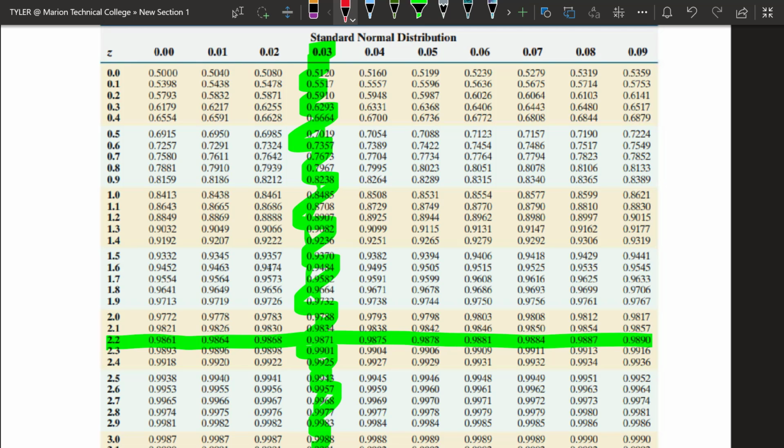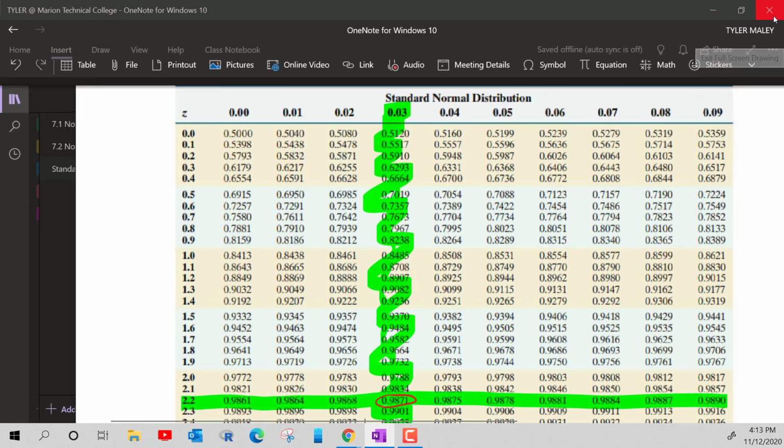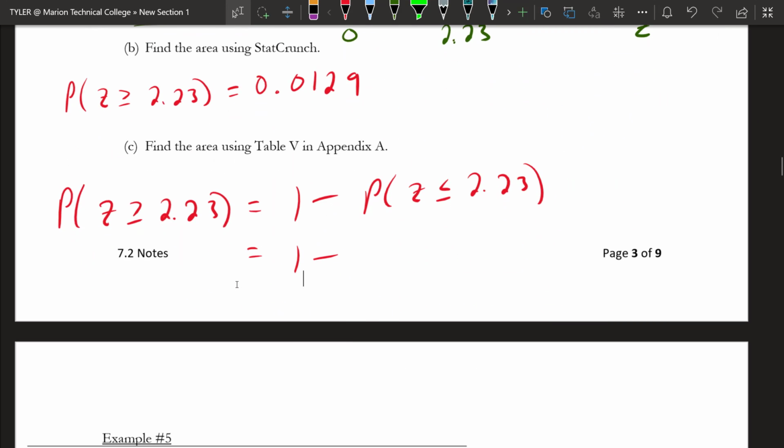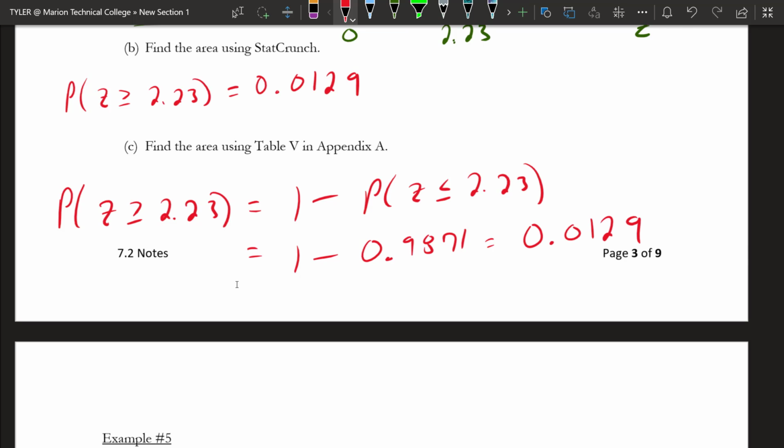And then where they intersect is the value I need, 0.9871. So this would be 1 minus 0.9871, which equals 0.0129.